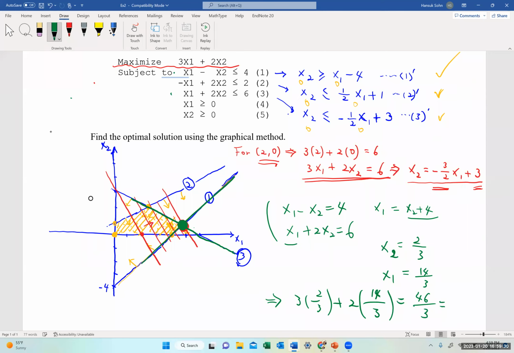So that's our optimal objective function value. I'm going to put an asterisk indicating the optimal objective function value. Likewise, I'm going to put the asterisk here. So this is the optimal solution, okay?